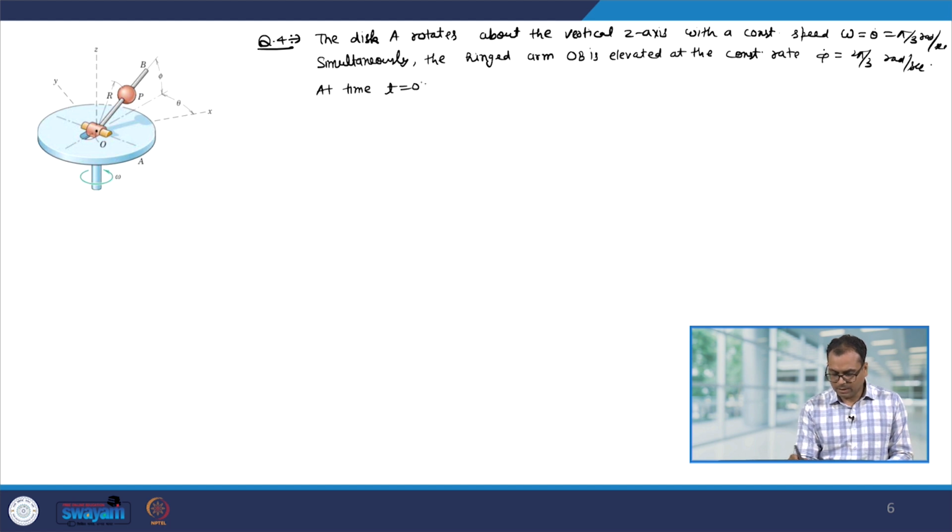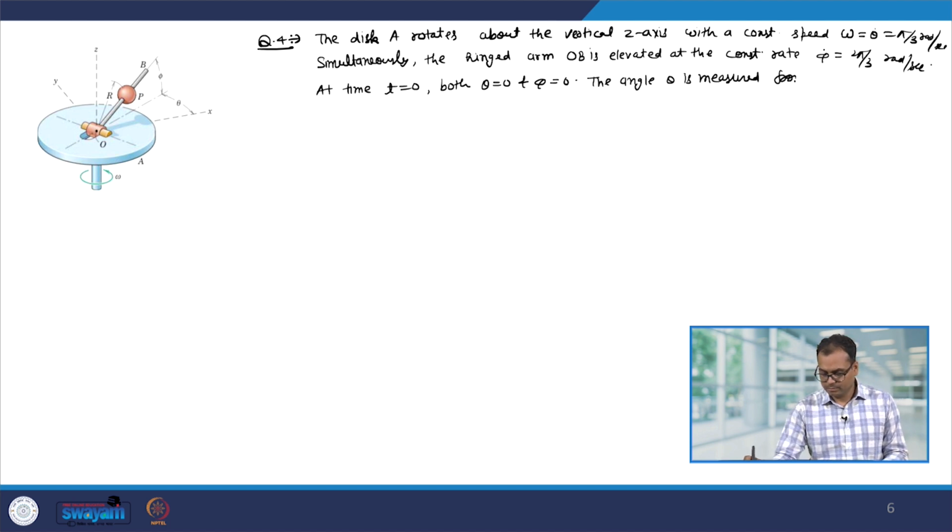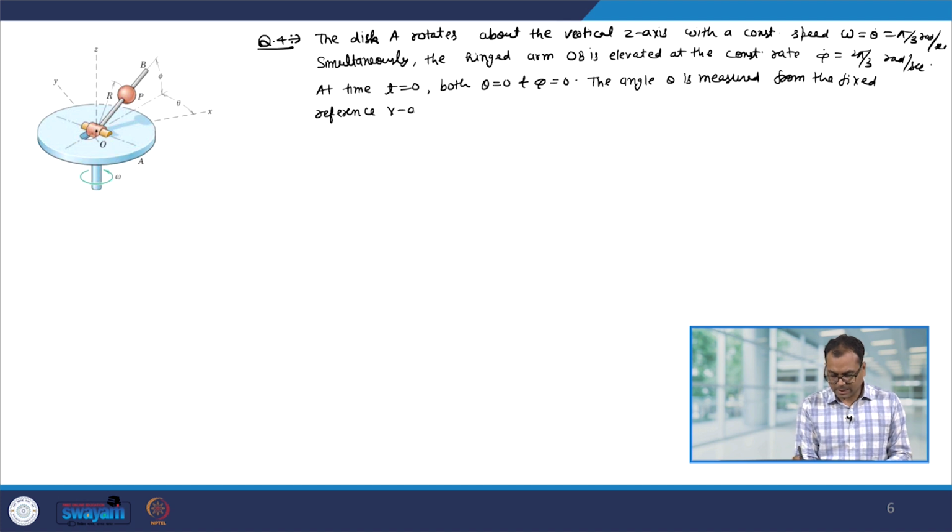At time t equal to 0, both theta equal to 0 and phi equal to 0. The angle theta is measured from the fixed reference x axis.